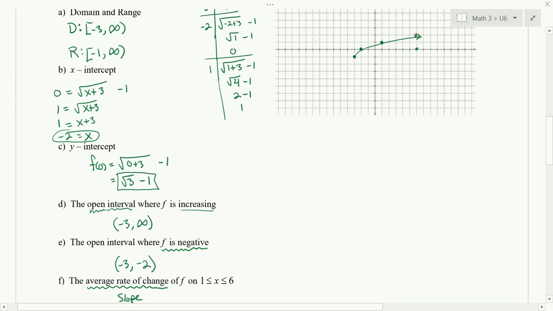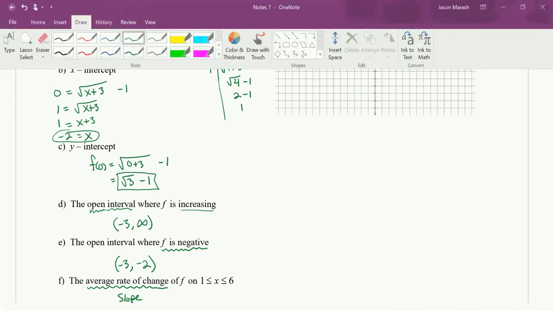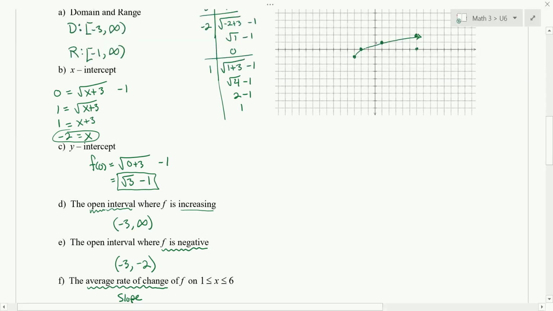So 6 looks about right here. So if I were to draw a straight line through those points, what would the slope of that line be? That's what it's asking. Now, ours is a curve, right? But it's saying on average, what's that slope going to be?